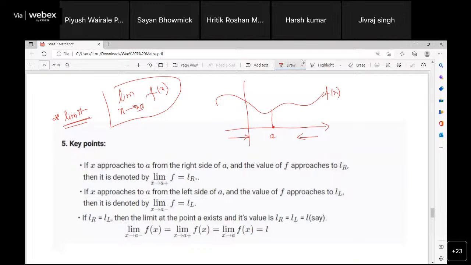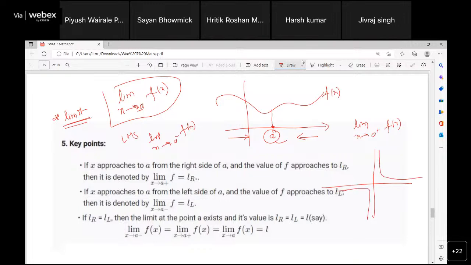For the left hand side I can consider limit x tends to A negative of f of x, and for the right hand side limit x tends to A plus of f of x, right? Now here we can say the limit exists because this is a continuous curve. For a continuous curve the limit will always exist. If we go from the left hand side or right hand side, we will reach this particular value only, right? Yes, sir.